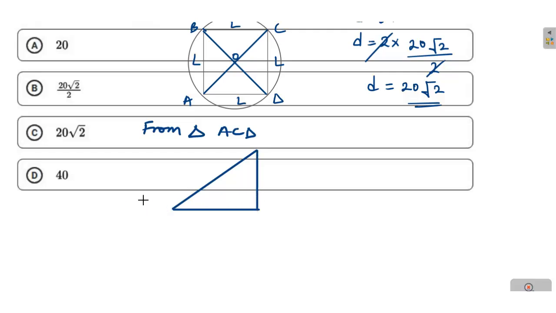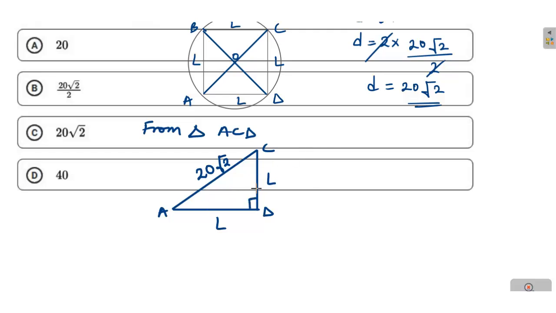So this is A, this is C, and this is D. AC is the diagonal of the square, which corresponds to the diameter of the circle. So this is 20 root 2, and this is L, and this is L. What we are looking for is L.